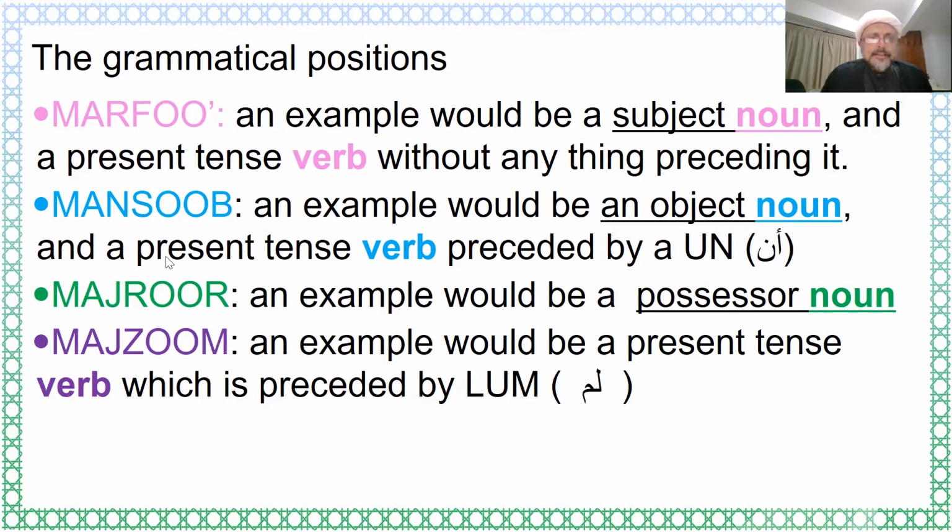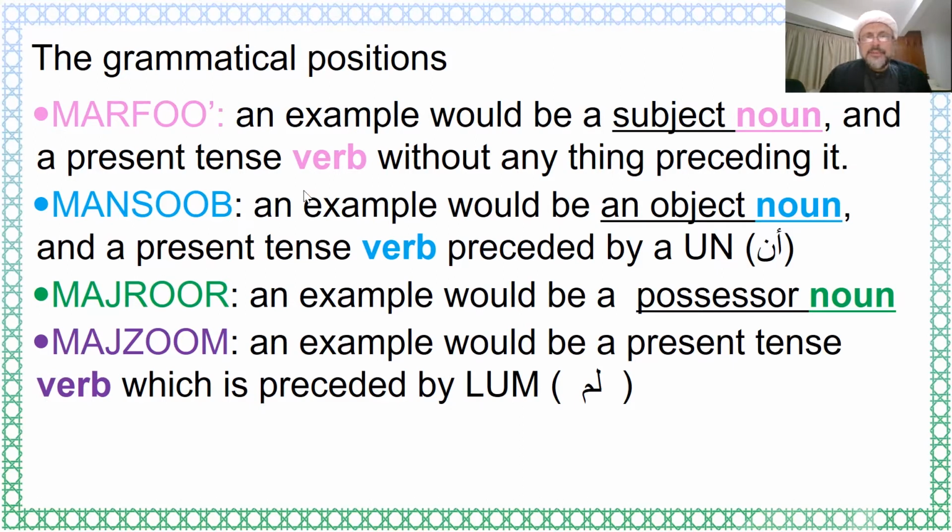And in the verb, the present tense preceded by an, like verb to be, to. An means to. An yaktub, to write. An yaktubah, remember this is mansoob, a sound. So the grammatical end sign changes, and these changes of these signs are what grammar is all about in the Arabic language, end signs.